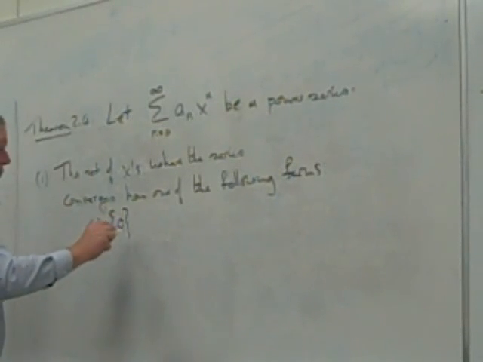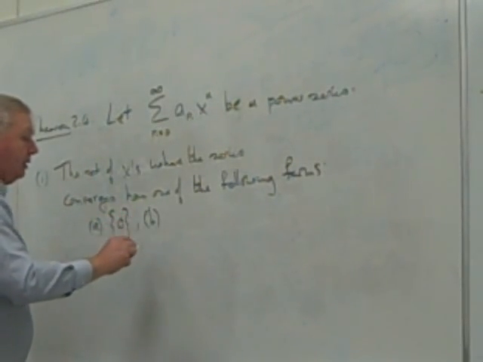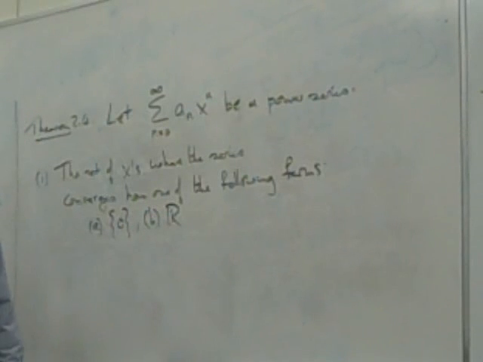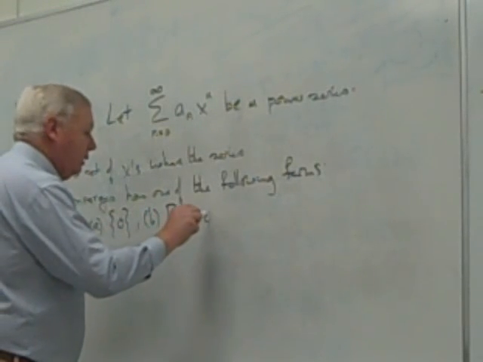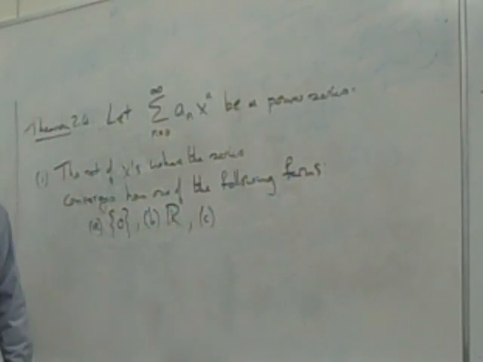It could be the point 0, it could be the whole real line, or it could be a symmetric interval about 0, which may or may not include one or both endpoints.